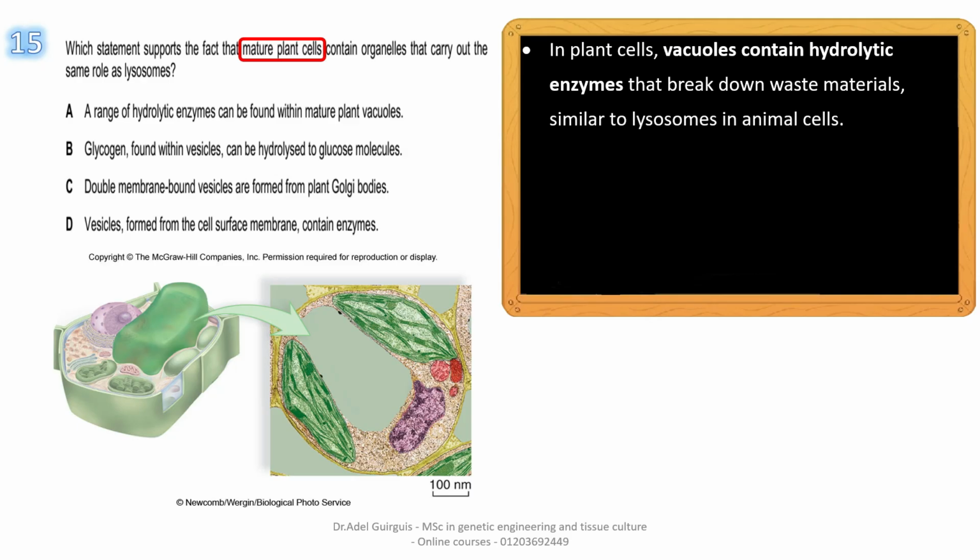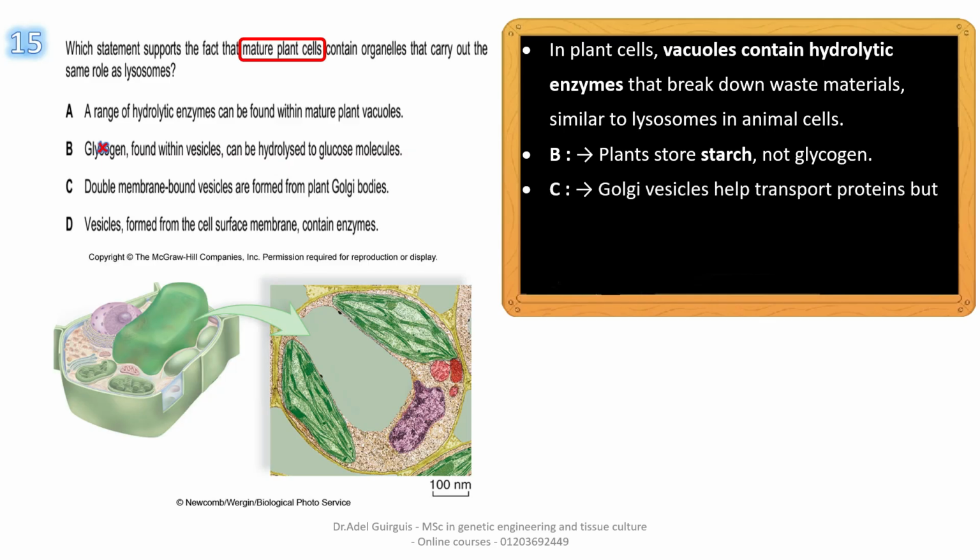Okay, what about B? Look at glycogen. Glycogen is a polysaccharide found only in animal cells, a stored carbohydrate for long-term storage, in muscles and in liver. It is not found in the plant kingdom or plant cells. The storage material inside plant cells is starch. Plants store starch, not glycogen.